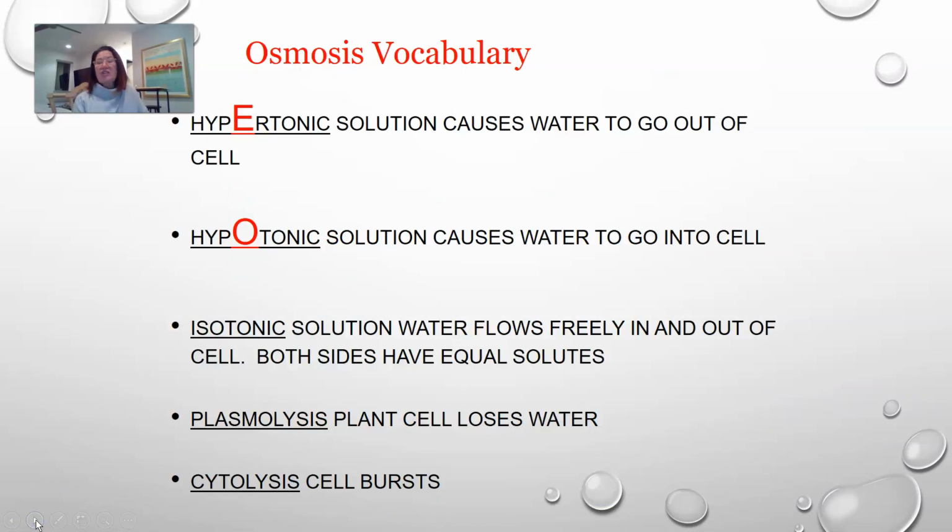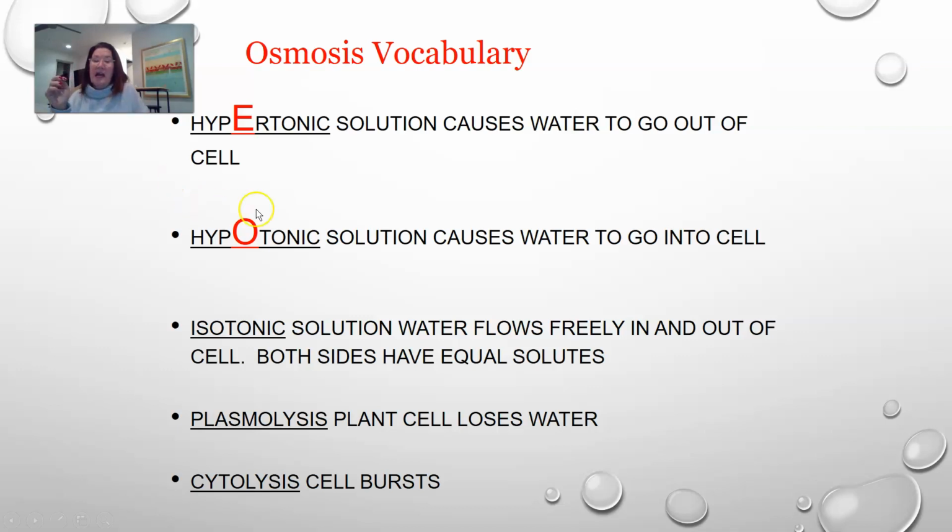Okay, so these are important vocabulary words that you need to write down. So we have hypertonic here, and I usually put a small e because it reminds me that since it's open, water spills out. So what happens in a hypertonic solution, water will go out of that cell and it'll shrivel up.